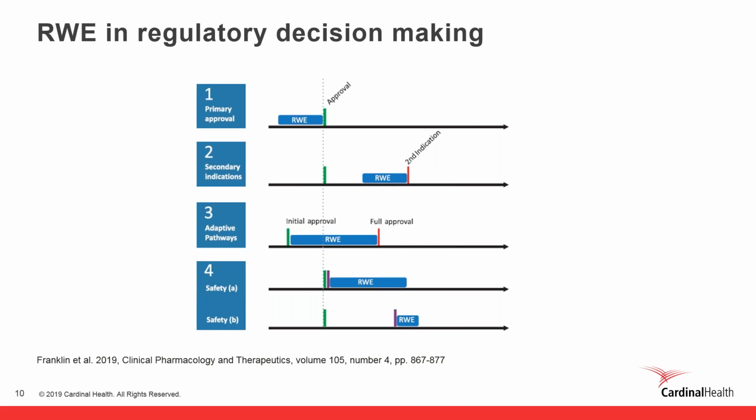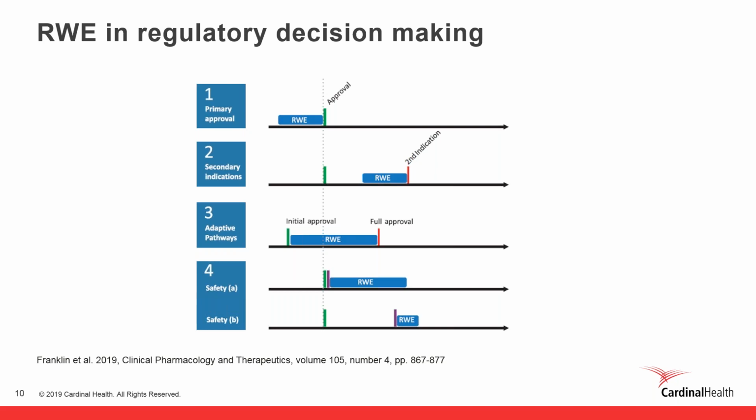It has a nice pictorial representation which comes from Franklin 2019 that really summarizes 4 use cases in which real-world evidence could be used to support various regulatory decision-making processes. And this would be across the entire development spectrum, both pre and post-approval, and would also include both small molecule as well as biologic products.